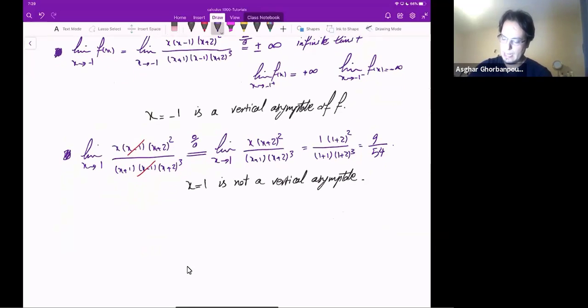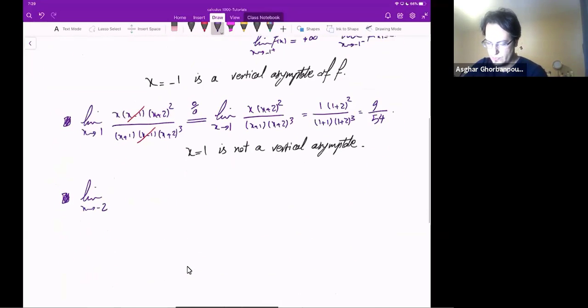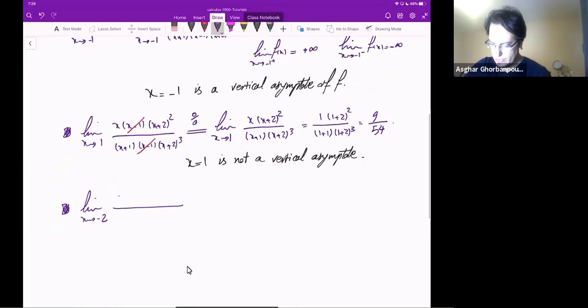And for the last one, x equal to -2. Did we have? Yes, -2. So this will be x minus 1, x plus 2 squared over x plus 1, x minus 1, and x plus 2 to the power 3.